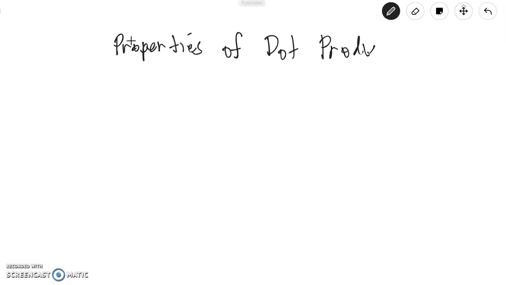So these are the properties of the dot product. Number 1: A dot A, or vector A dot vector A, is equal to the magnitude of A squared.